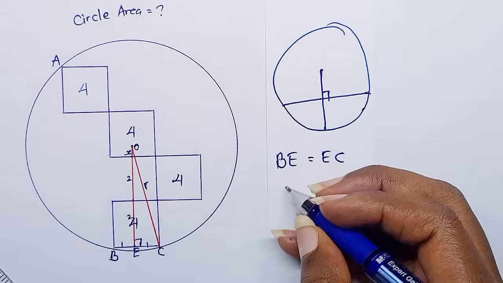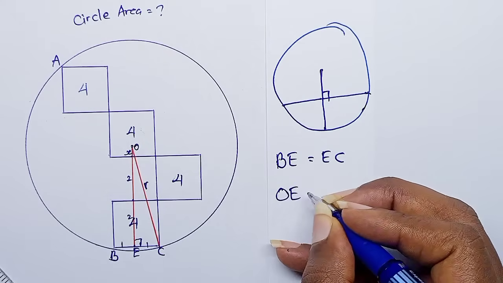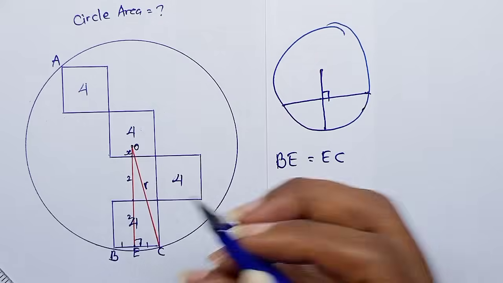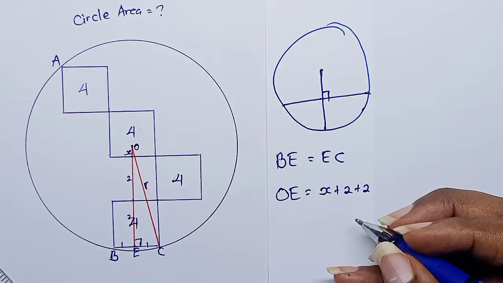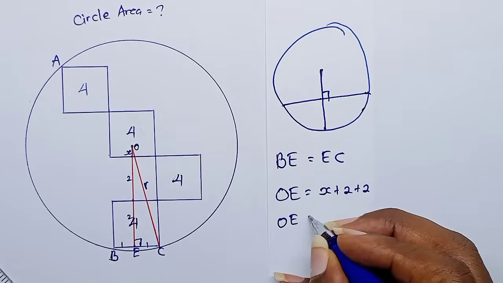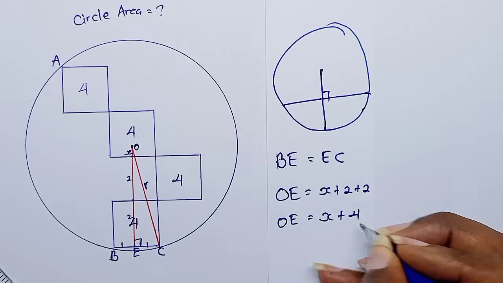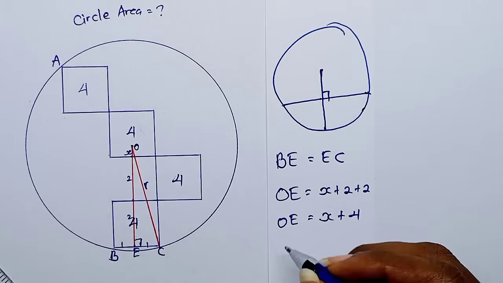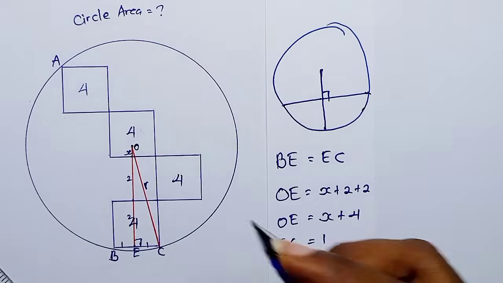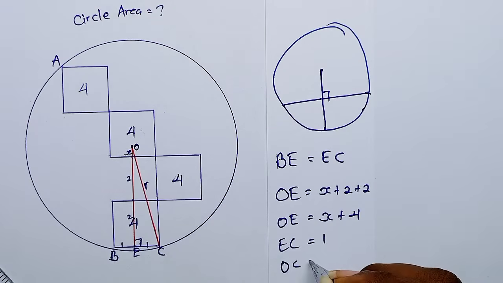Therefore, OE will be equal to X plus 2 plus 2, so OE is X plus 4. We already know that EC is 1 and OC is the radius R.